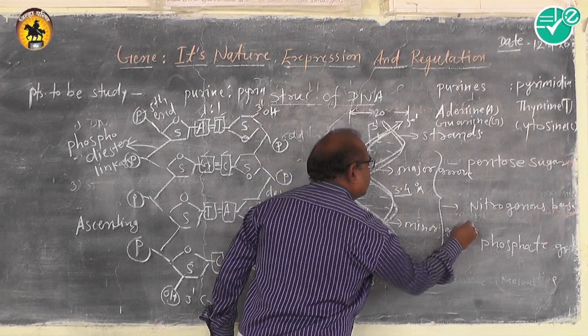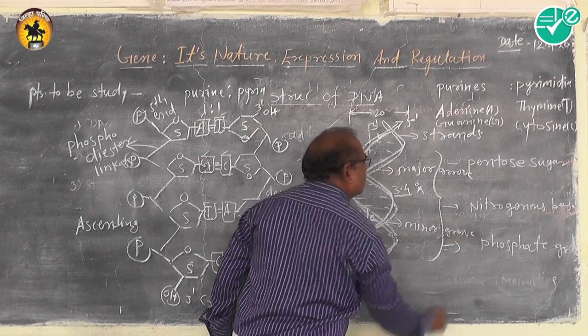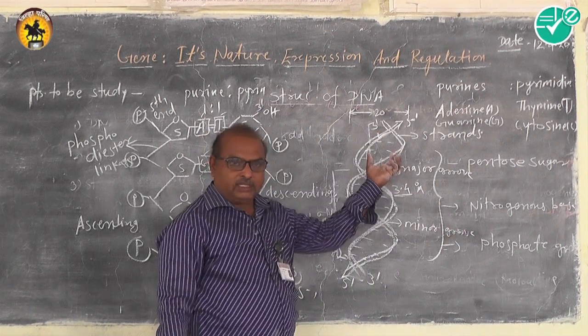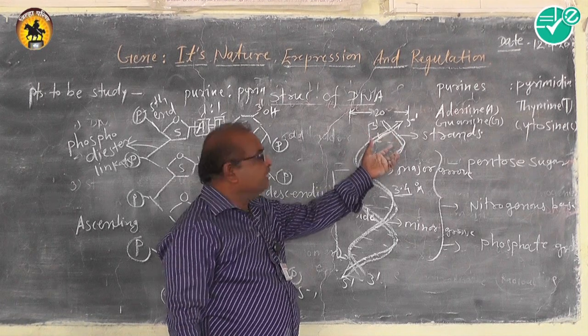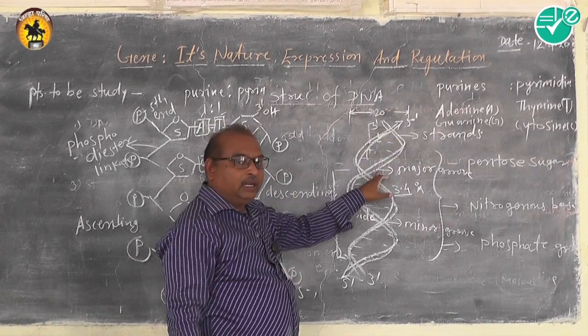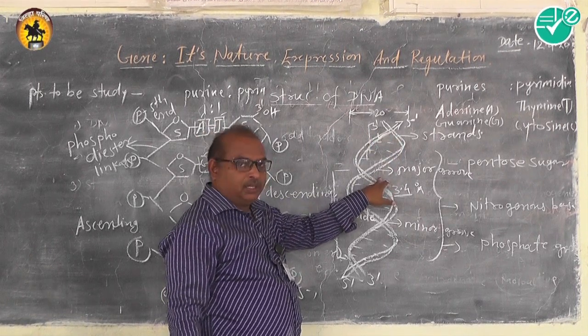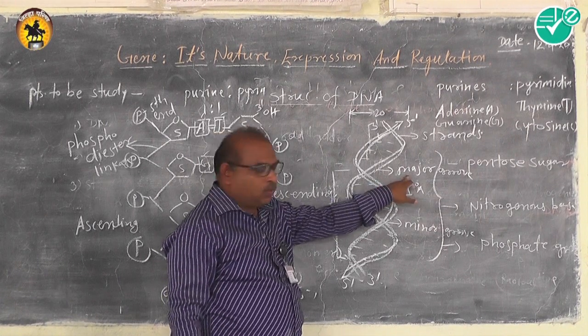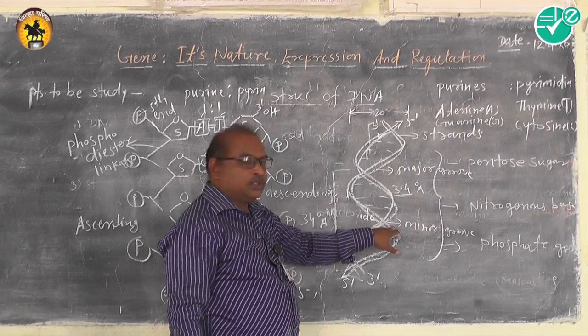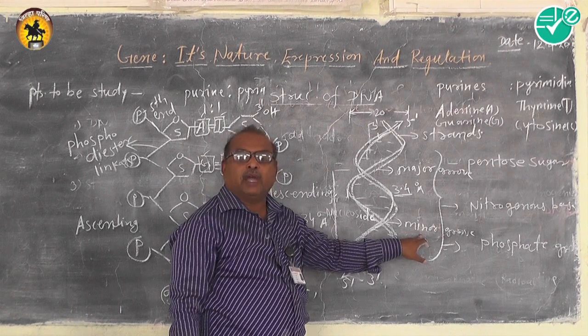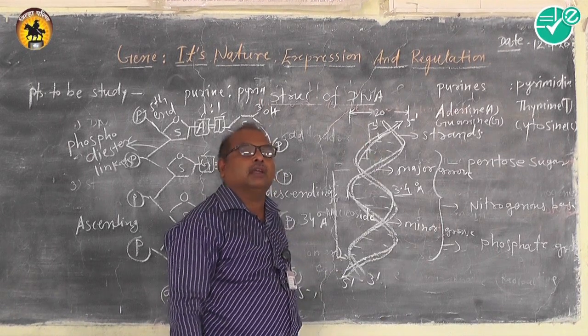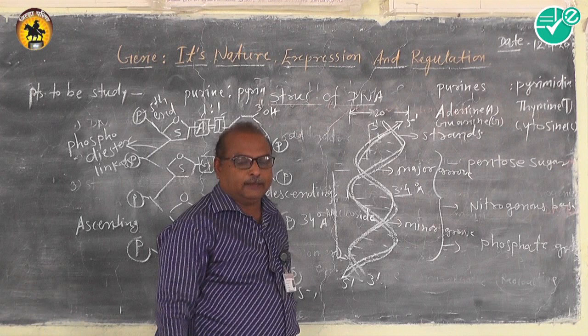Groove means a depression. Due to twisting of the DNA strands, a deep depression called the major groove alternates with a shallow depression called the minor groove. Grooves are also formed here in DNA.